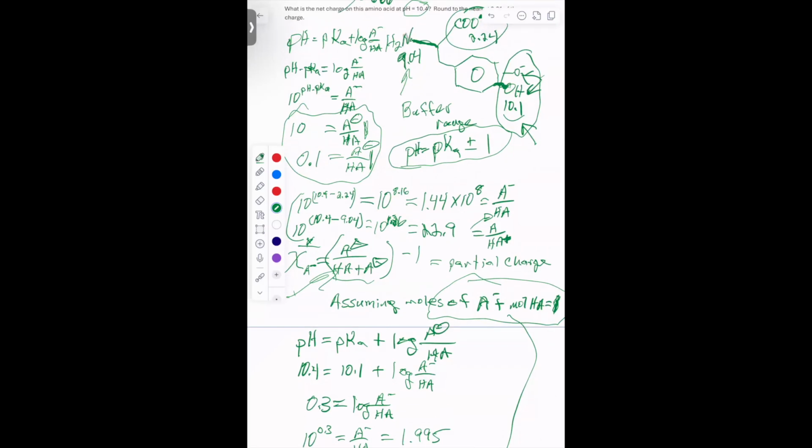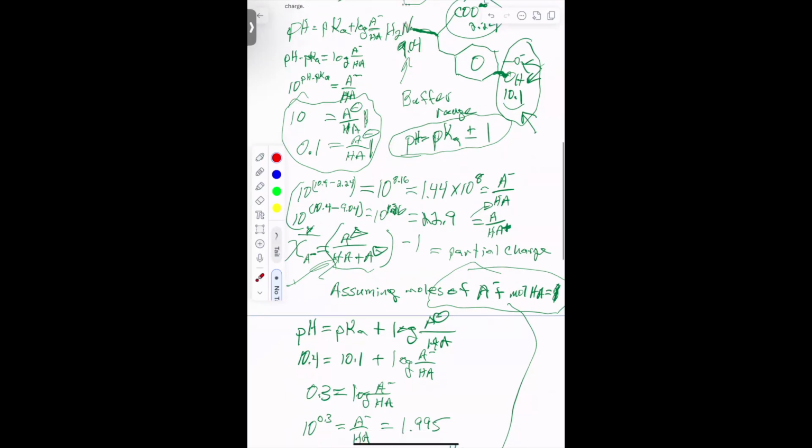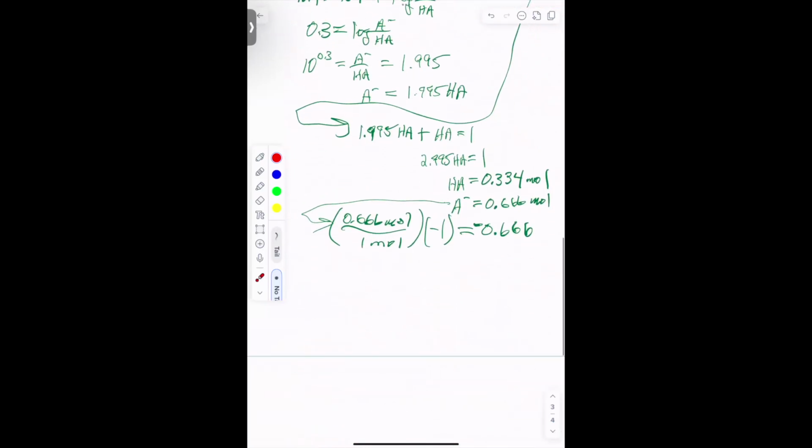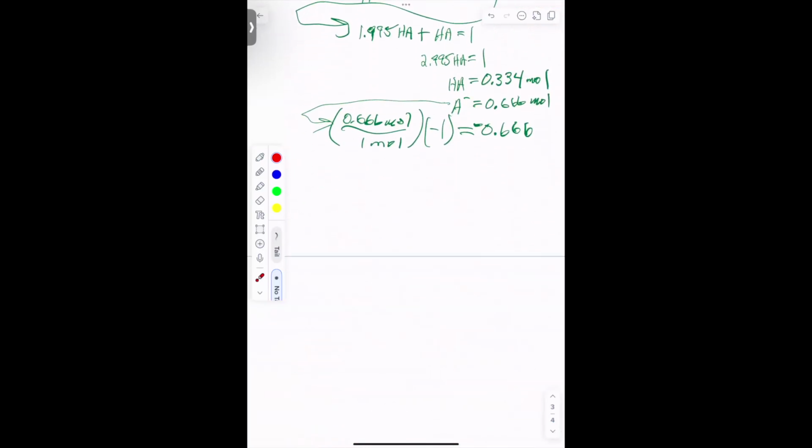All right, now I have to do the same thing, but this time for the amino group. For this one right here, the amino group. Boy, I hope that you saw all my math.